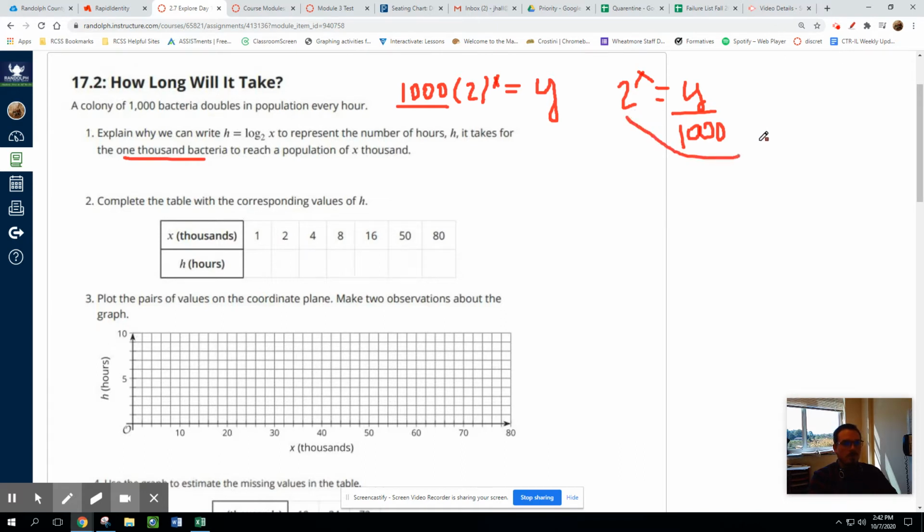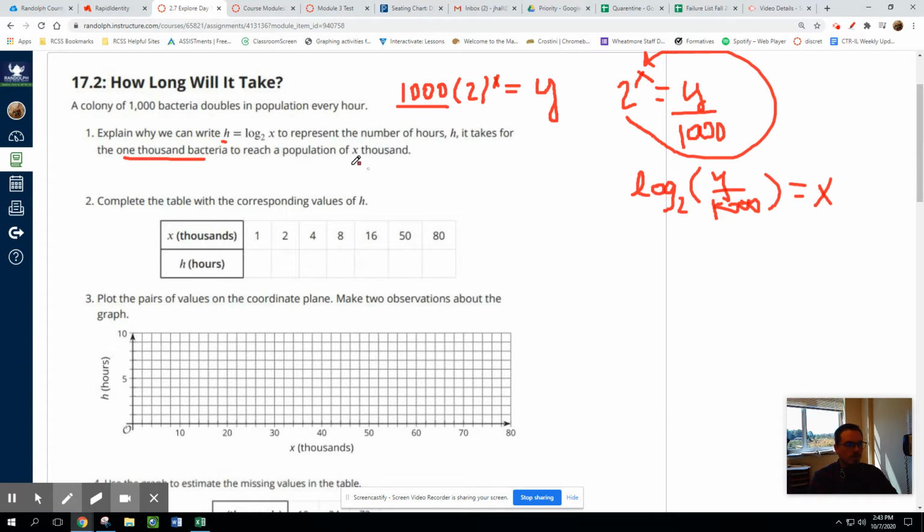So if we then take the log, now we can write it as log base 2 of y over 1,000 equals x. We're kind of flipping these around. So x is normally time, and it is in this problem, doubling every hour, h being hours.